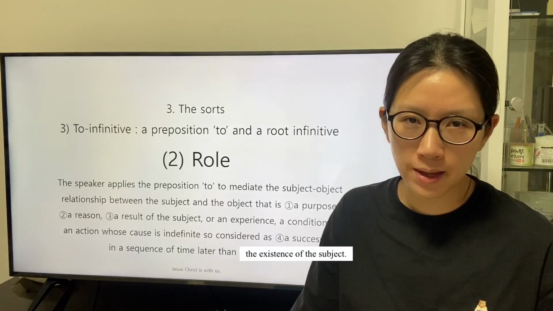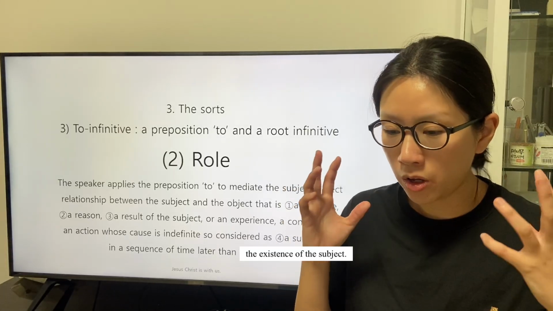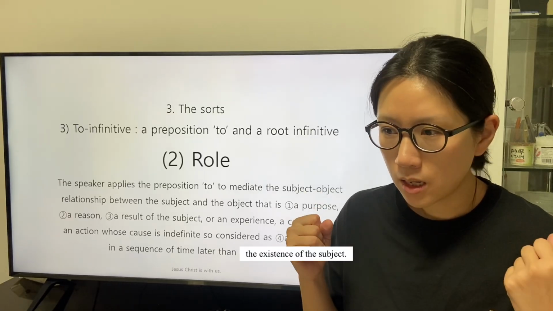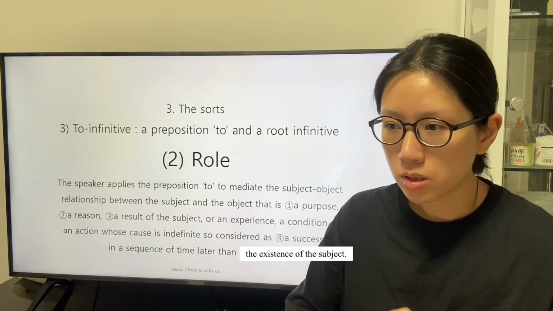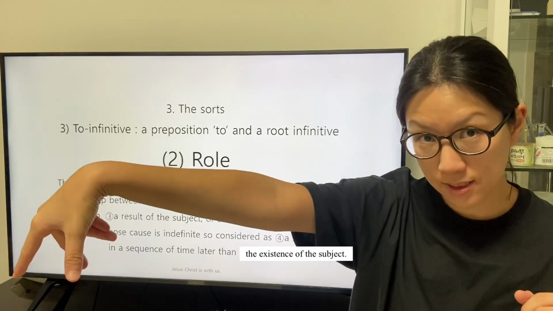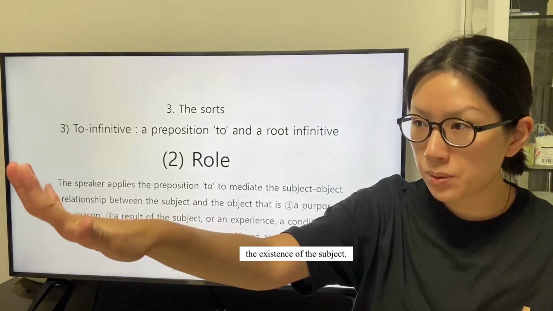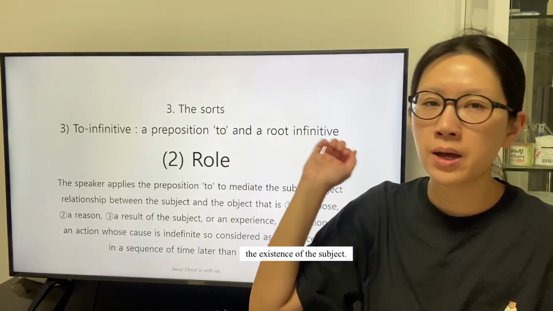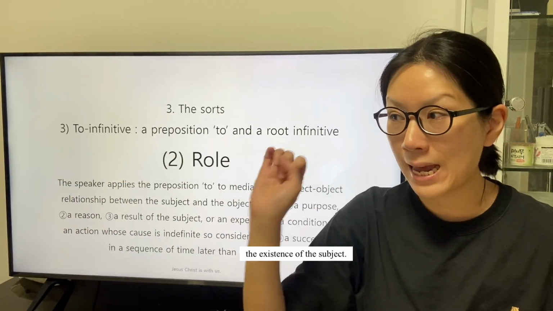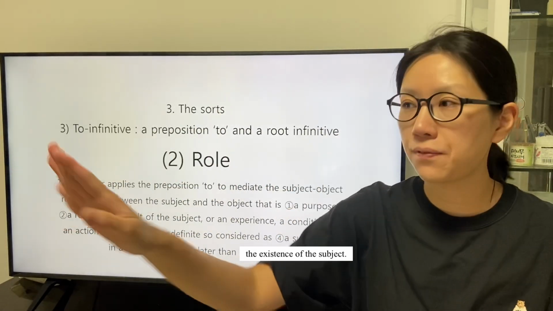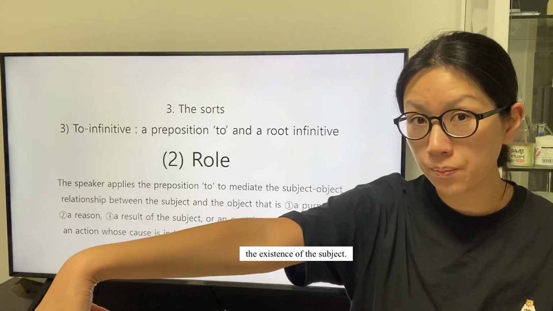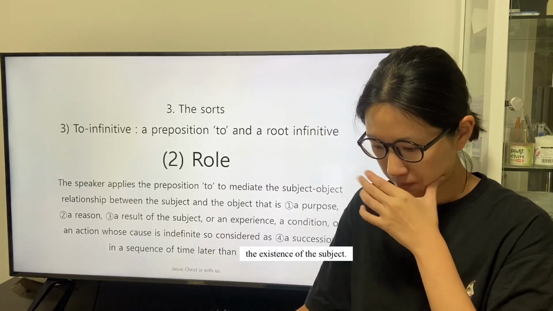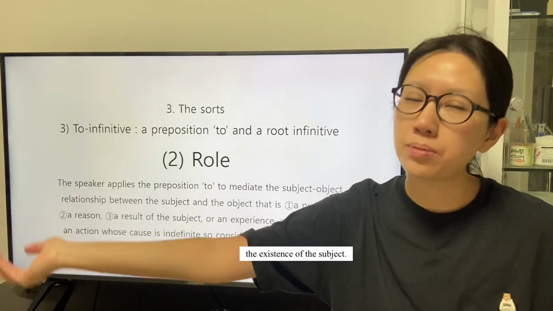So we can understand that the subject of the preposition to has a purpose to orient to the experience, condition, or action described by the root infinitive at a point in time later than the point in time when the subject of the preposition to exists, and a place.